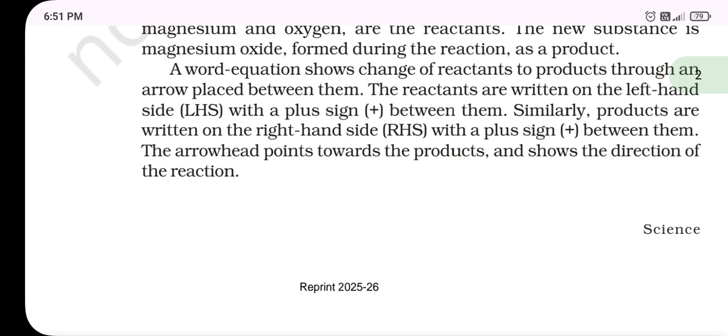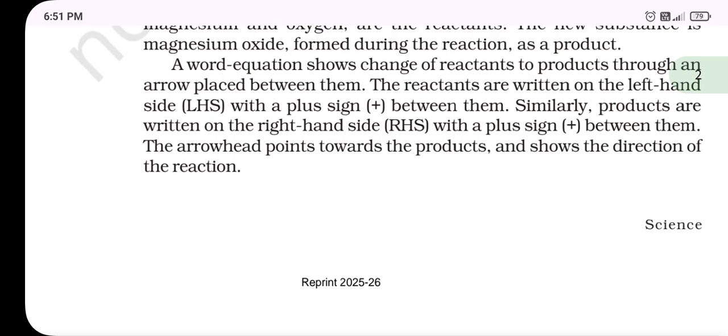The arrowhead points towards the products. We all know because I already told you. And it shows the direction of the reaction. The arrowhead points out two things. What are those two things?